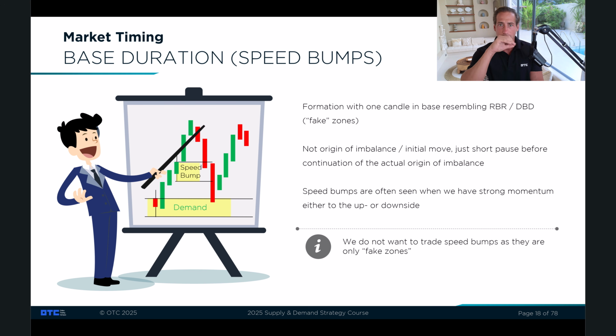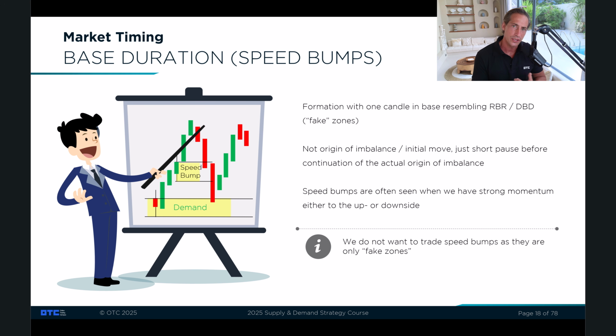So a formation with one candle in the base, resembling a rally base rally or a drop base drop, can be quote unquote fake zones, or you can call them speed bumps actually.